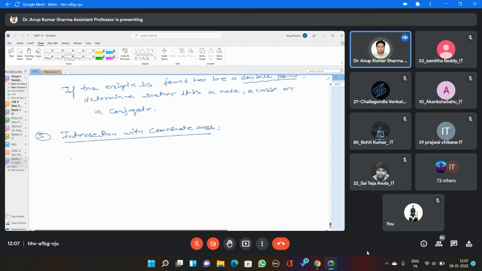So in this case, what we do is find the points where the curve cuts the axes of coordinates.